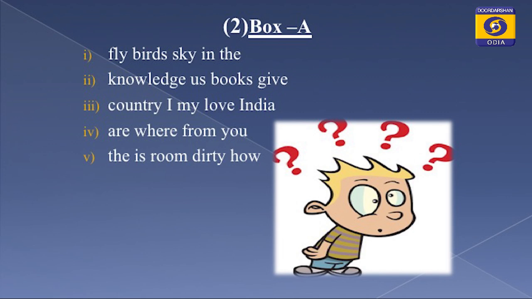Why? Because it is a group of words, but it has no meaning. That means it does not give us a complete thought. When it does not give us a complete thought, how can we say this is a sentence? So, this is not a sentence. Only the words are jumbled here.